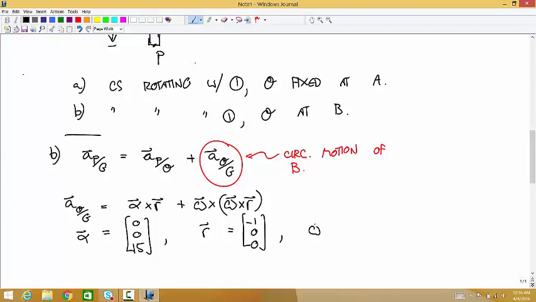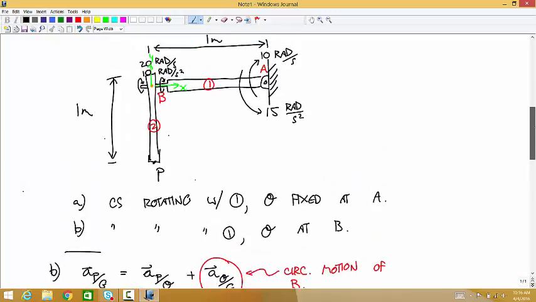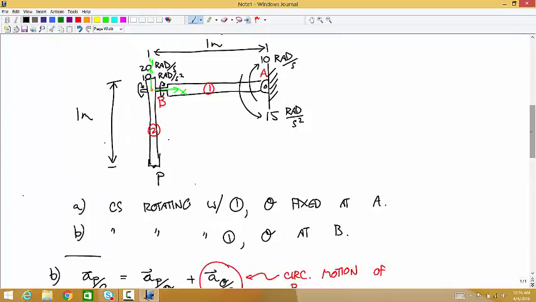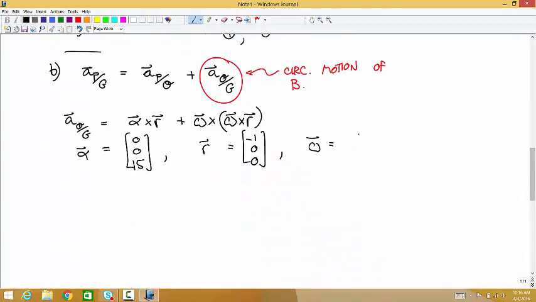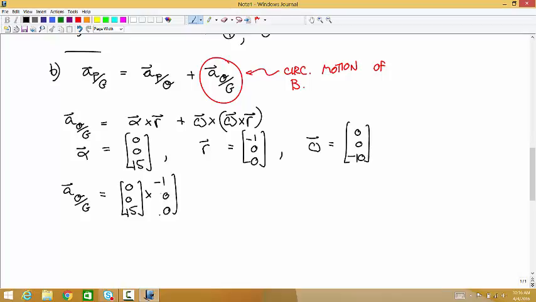And then what's the angular velocity? That's right, 0, 0, negative 10. Okay, so the acceleration of the origin relative to the ground is 0, 0, 15, crossed with negative 1, 0, 0, plus 0, 0, negative 10, cross quantity 0, 0, negative 10, crossed with negative 1, 0, 0.